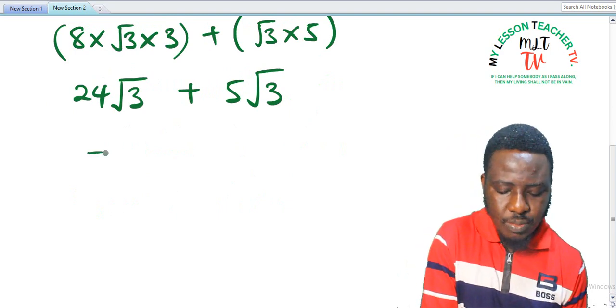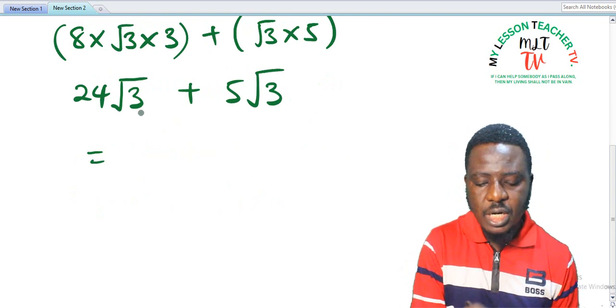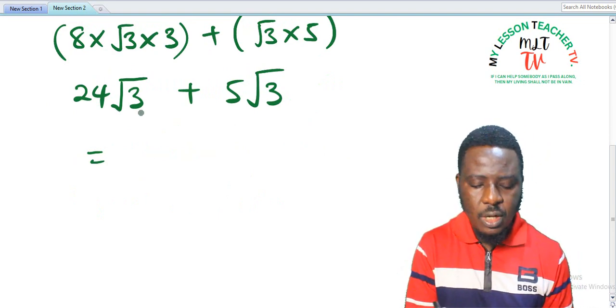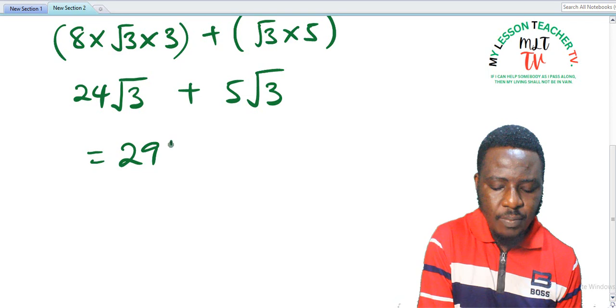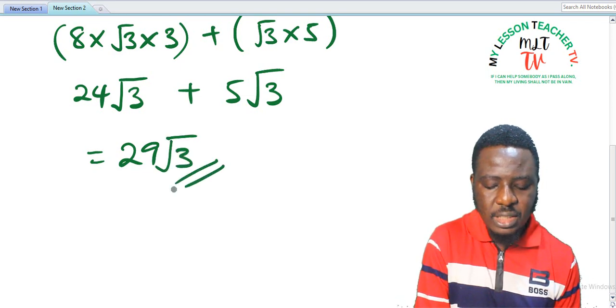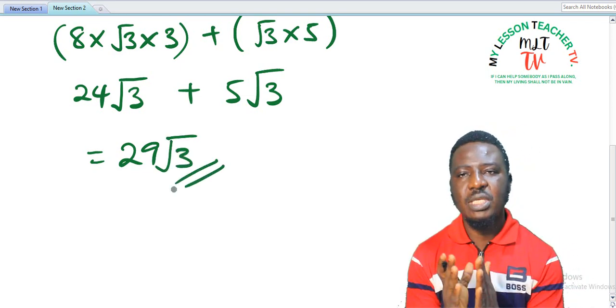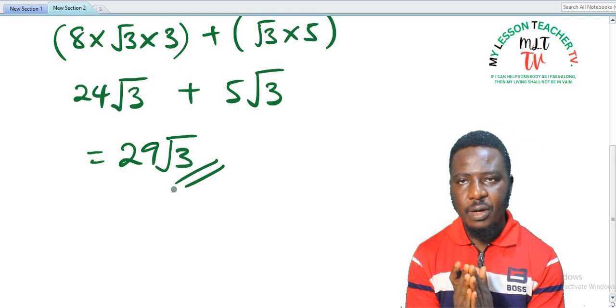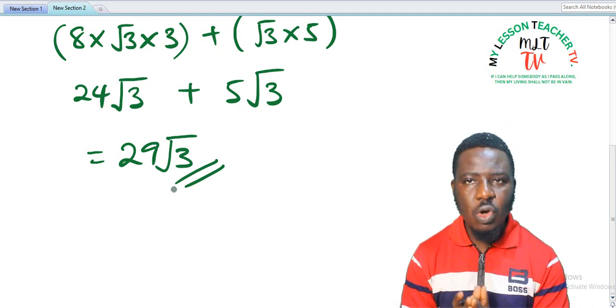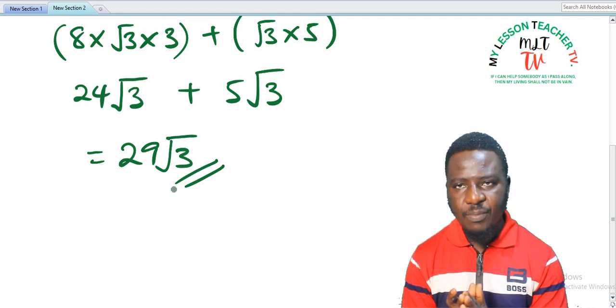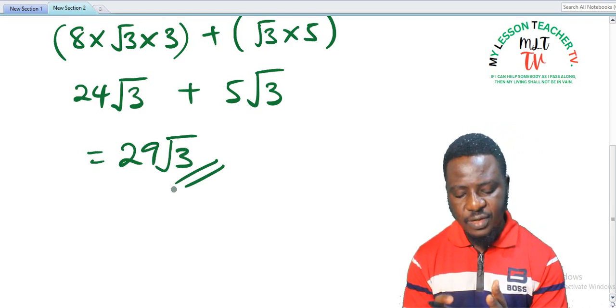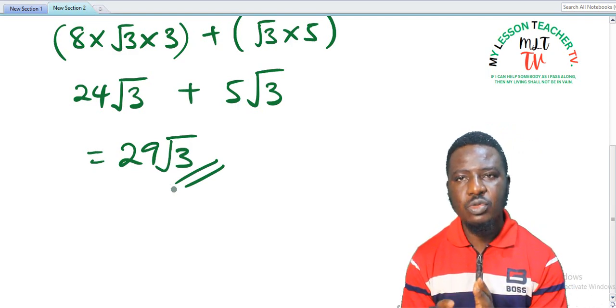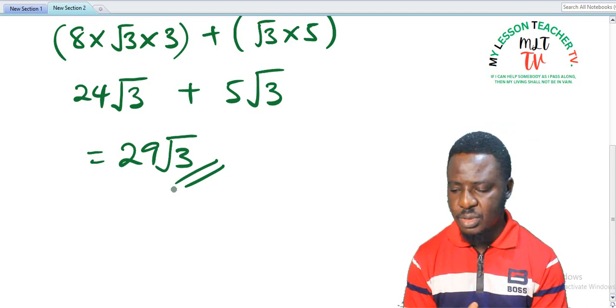So 24 root 3 plus 5 root 3 will now give us 29 root 3 as our answer. So whenever you're asked to simplify problems that have to do with surds, the steps you have to take is to, first of all, try to reduce them to their basic surd forms if they are not, and then you can collect like terms.